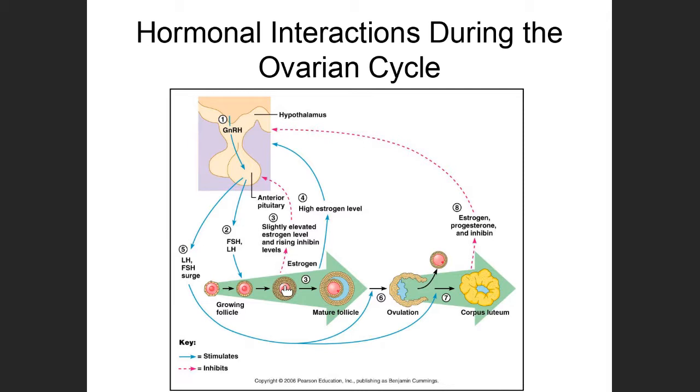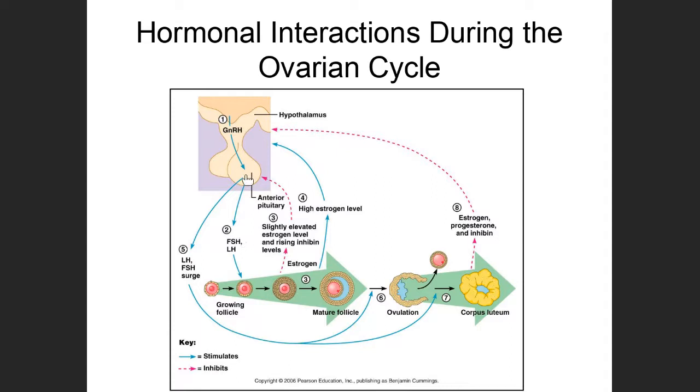And as estrogen levels are increasing, just like we see in the male HPGA, estrogen feeds back negatively on these structures in the brain, and it causes them to decrease the amount of hormones that they're releasing. So we'll see FSH starting to decrease, and luteinizing hormone starting to decrease as estrogen levels rise.